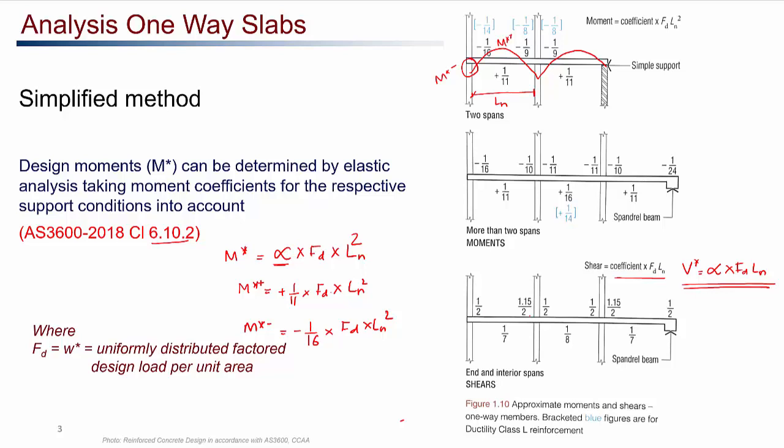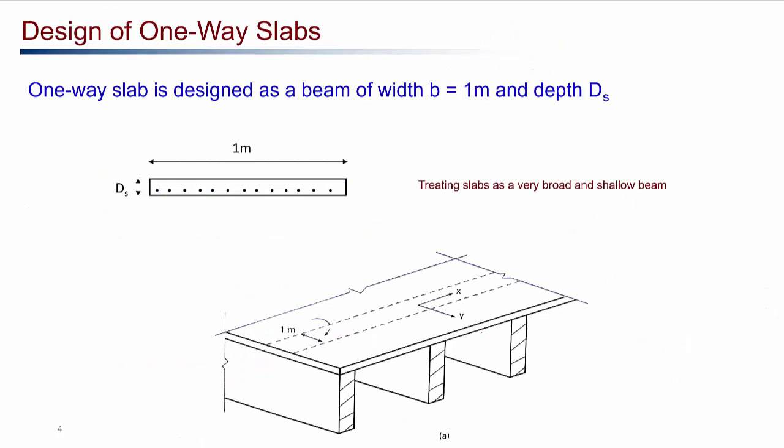So once we know the maximum positive and maximum negative moments, we can design the slab accordingly. For the design of the one-way slab, we pretty much treat it as a very wide beam with a very narrow thickness. As you can see here, it is spanning over the supports, and it is pretty much like a beam. So we can design it like a beam.